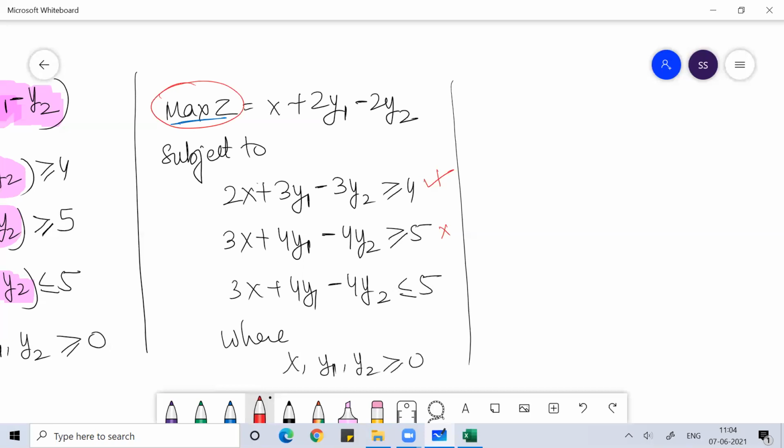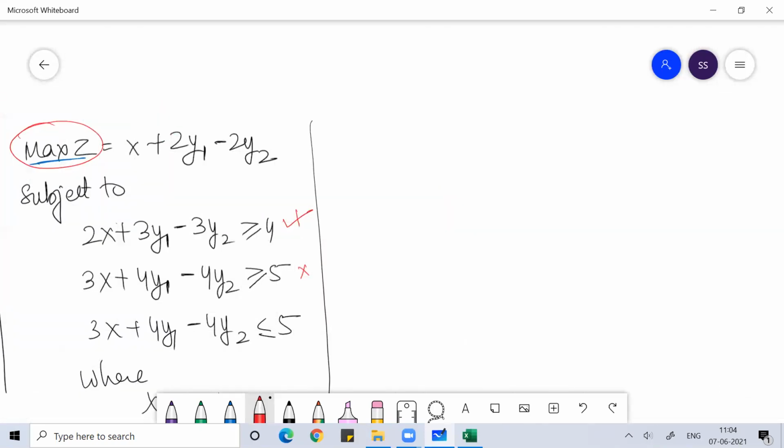than or equal to. Okay. So I'll write the equation in canonical form.